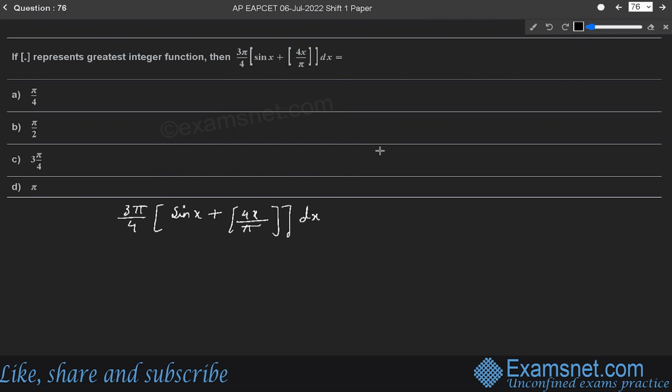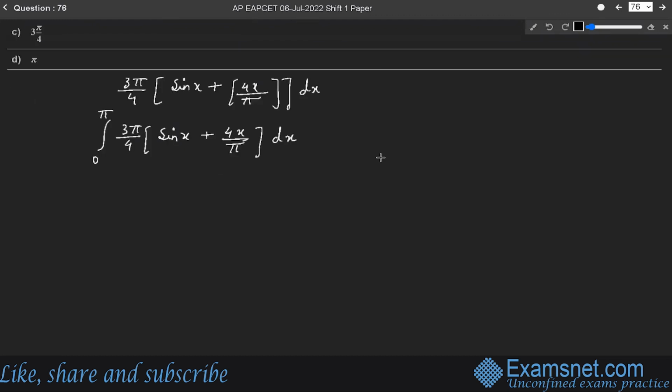So in integrating, it will be the integral from 0 to π of 3π/4 into [sin x + 4x/π] dx. Taking 3π/4 outside, since it is a constant, it will be the integral from 0 to π of [sin x + 4x/π] dx.